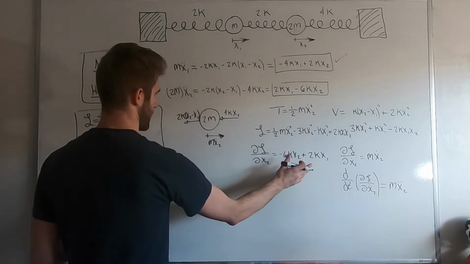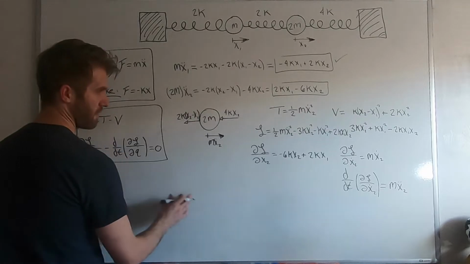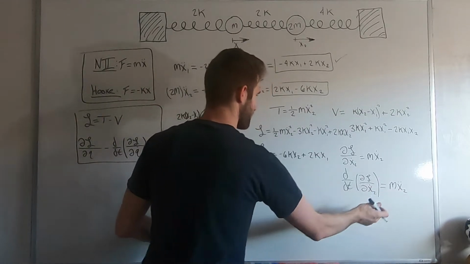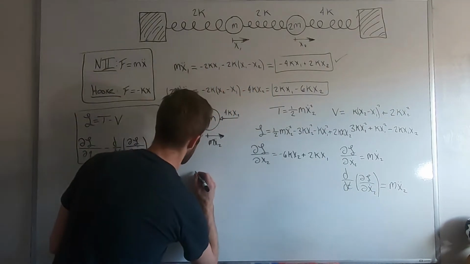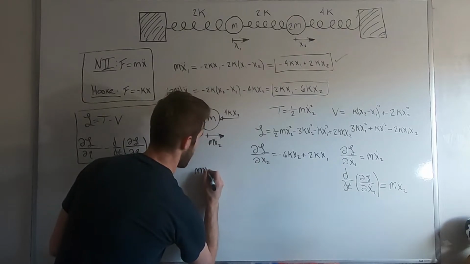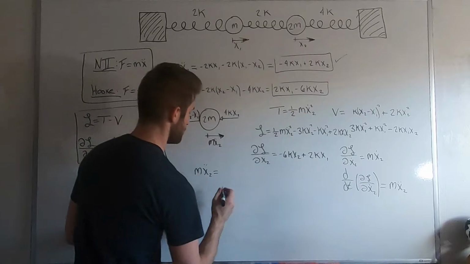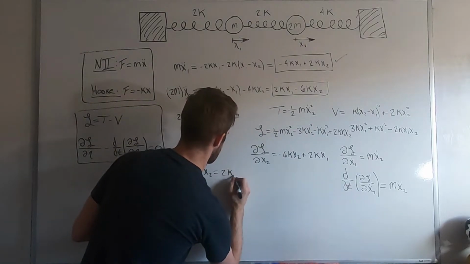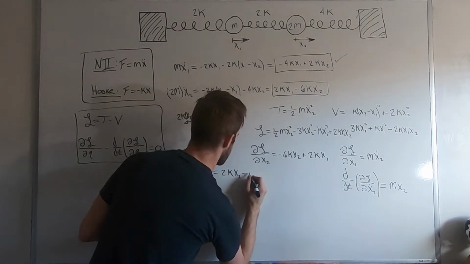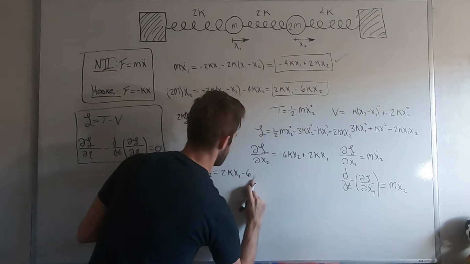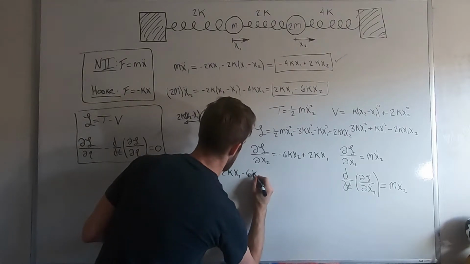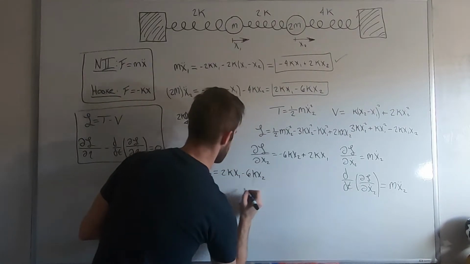So we're going to take this term, subtract off that term, and move this over to the other side, and we're just going to get m x double dot sub 2 is equal to 2k x1 minus 6k x2.